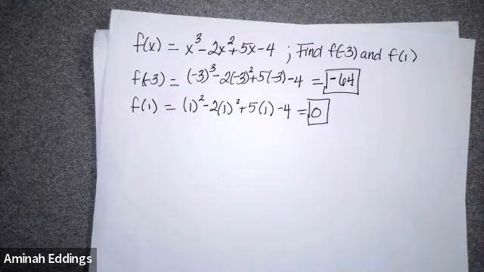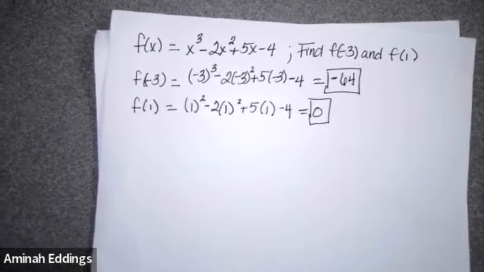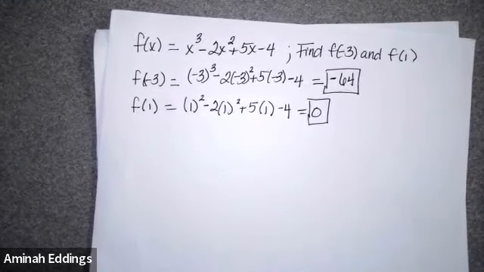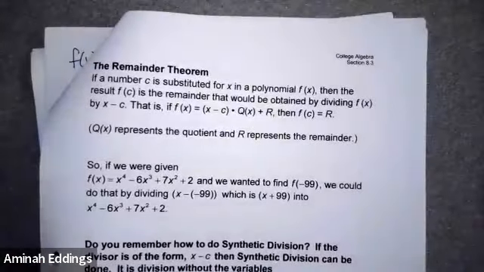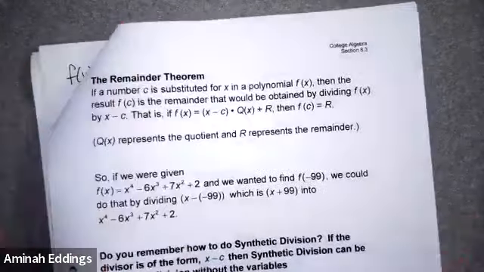Questions there? Yes. Do you have to do the division part, or can you just plug it in? Hold that thought for a second, okay? Because it depends. And so this leads us into a theorem. That's what I wanted you to see.